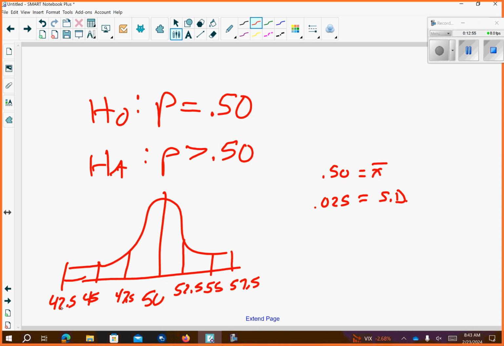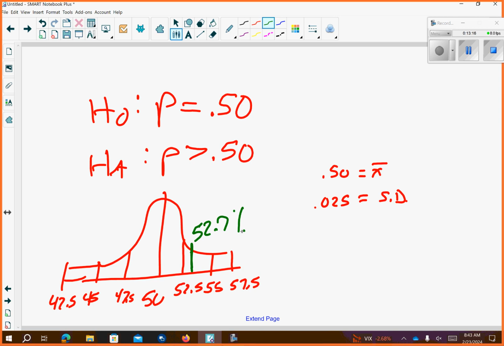If a random sample produces 52.7%, this candidate's pretty happy. Their sample is very much to the right. It's satisfying what they are hoping to look for.